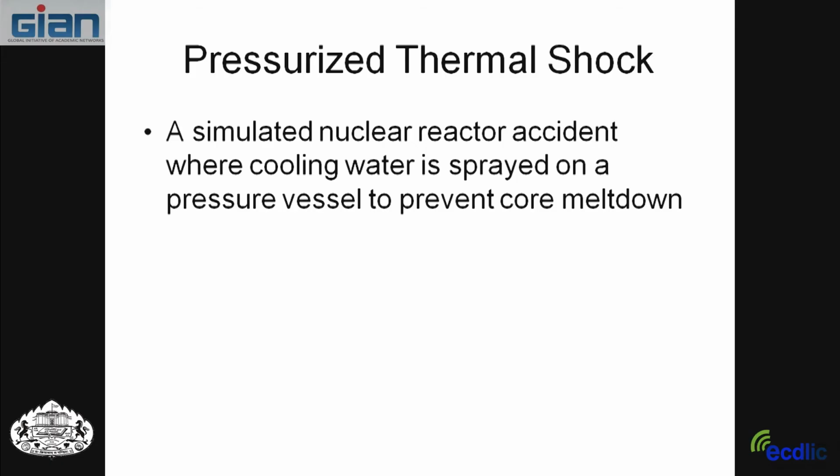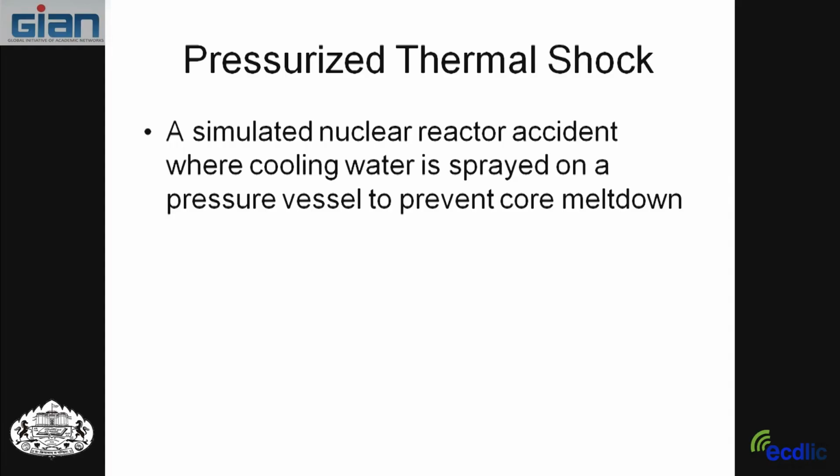Here's another example, and this is an actual problem called pressurized thermal shock. I told you on Monday when I showed you where we lived in Tennessee, we have a national lab near us, Oak Ridge National Lab.